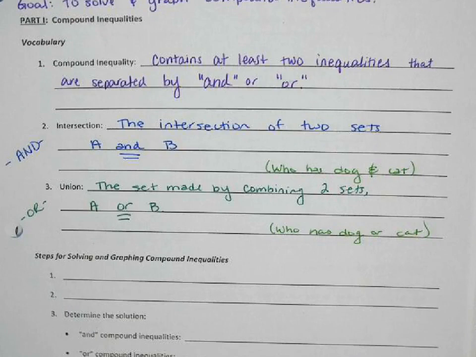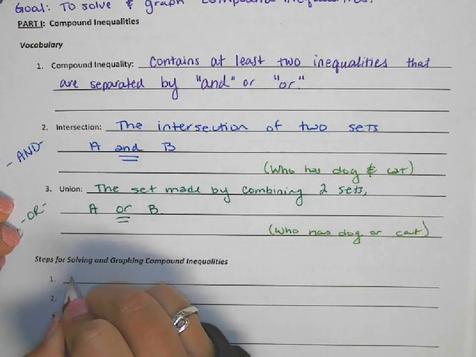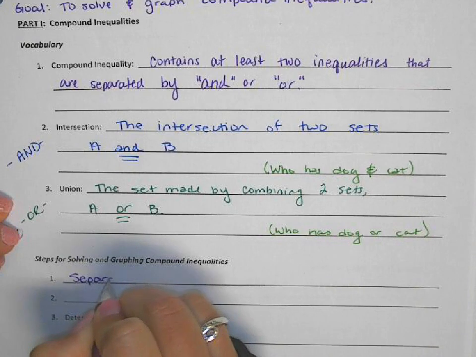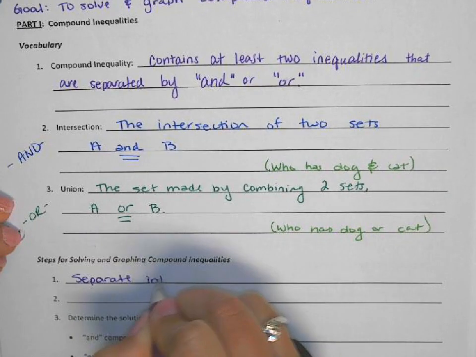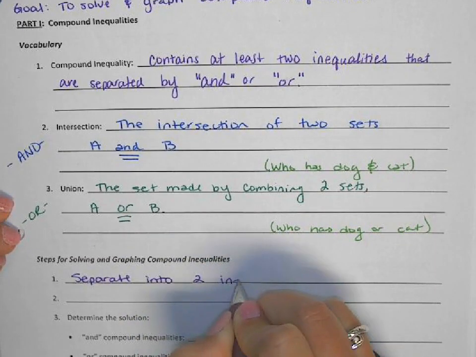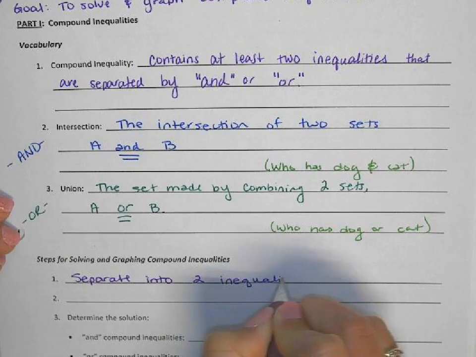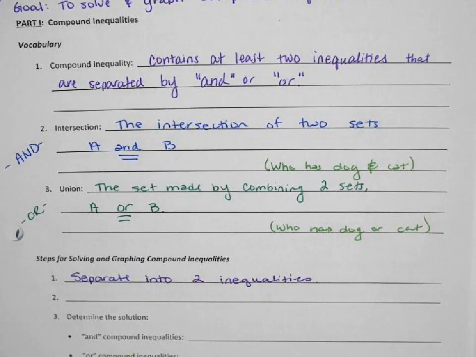Steps for solving and graphing compound inequalities. The first thing that you're going to do is separate the inequalities into two inequalities. You're going to think about them as two separate problems.